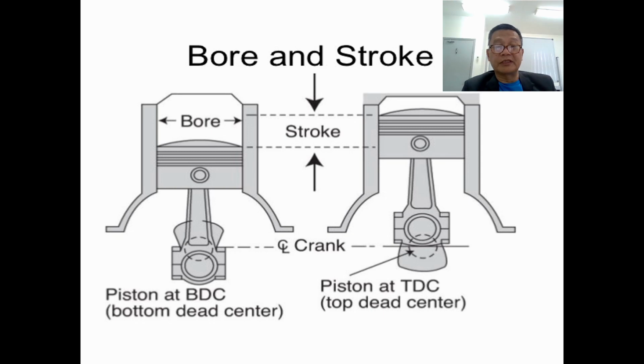This is the piston and the stroke representing the movements of the piston. In the picture on the left side, the piston has already reached the bottom dead center, and then it moves going up until it reaches the top dead center, which is the picture on the right side.